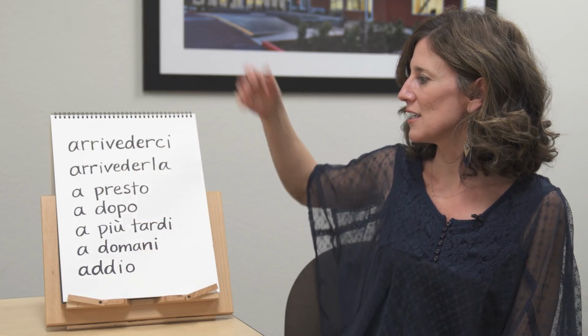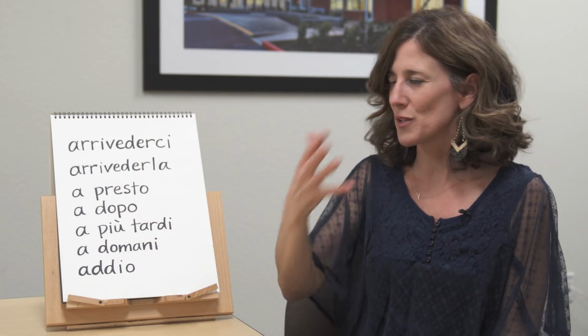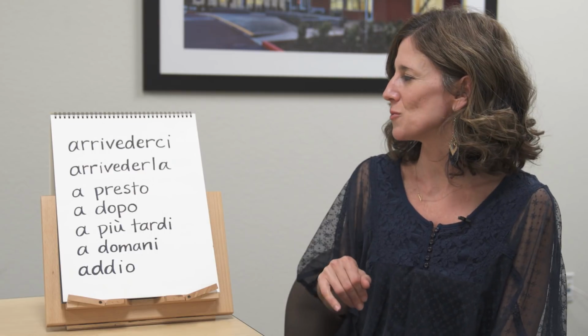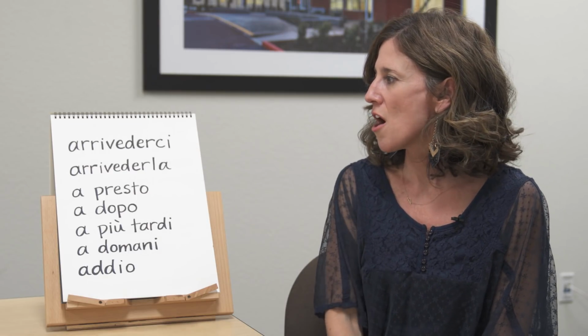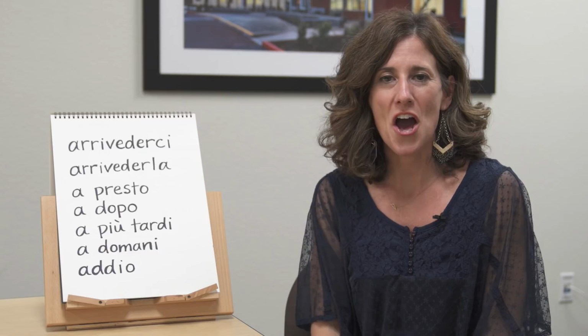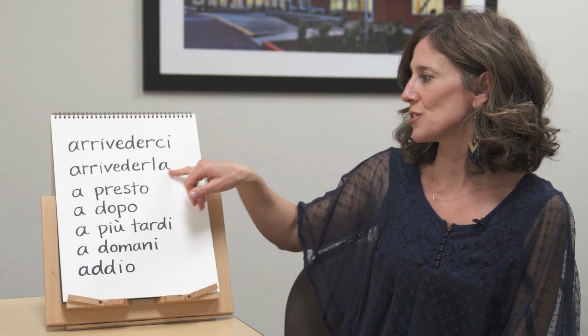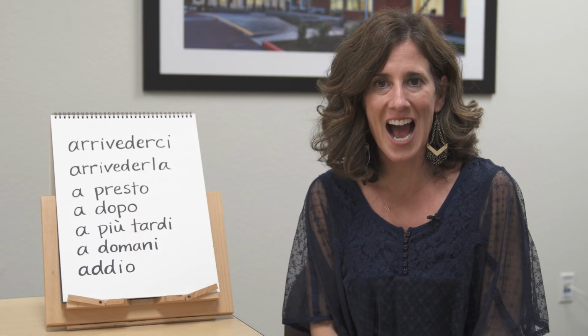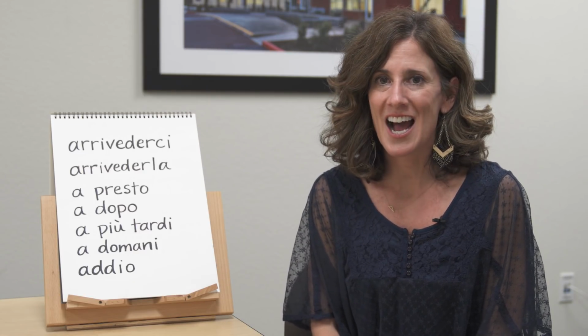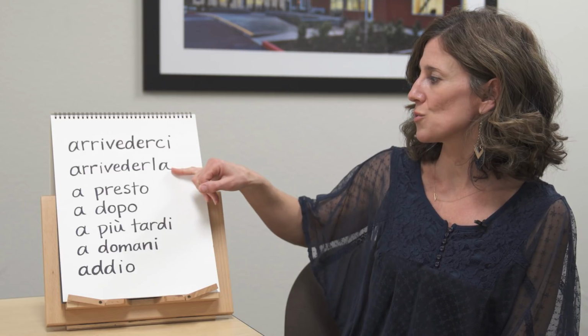Andiamo avanti. More words. I will tell you what these mean, and you might know what some of these mean actually, like the first one here. Arrivederci. That's how you say goodbye, right? There's two forms. The next one is arrivederla. This one is informal, this one is formal.